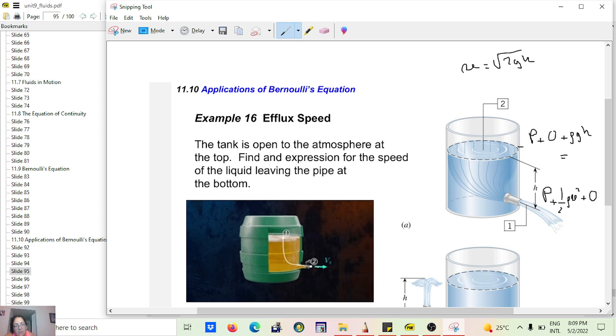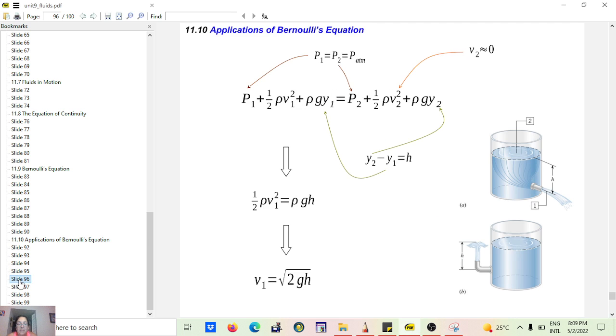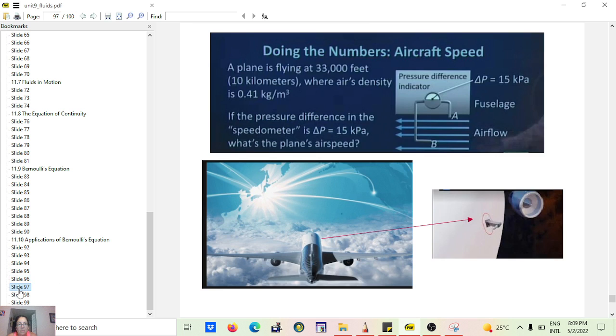And so if you have the speed, you have the volume rate, which is the cross section here times the speed. Okay, so you can know how much beer per second you can get. Maybe you're going to find out how many cans of beer you can fill up. Okay, so you have a lot of similar applications. So that's the math.